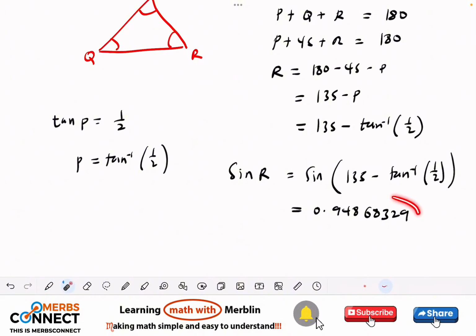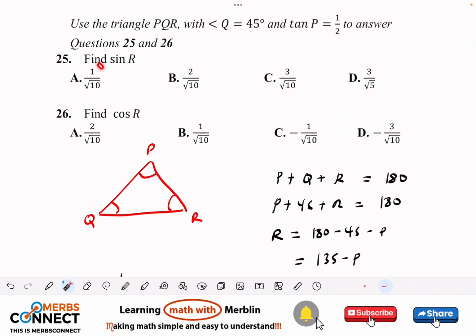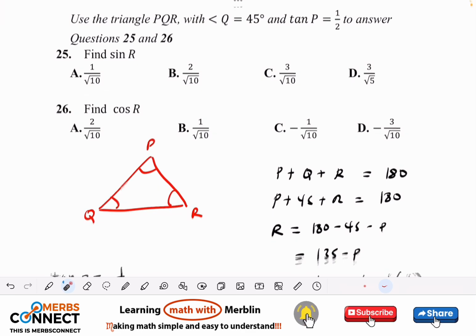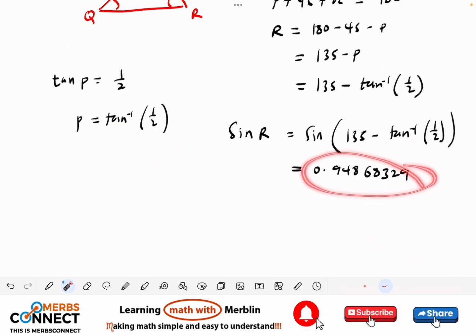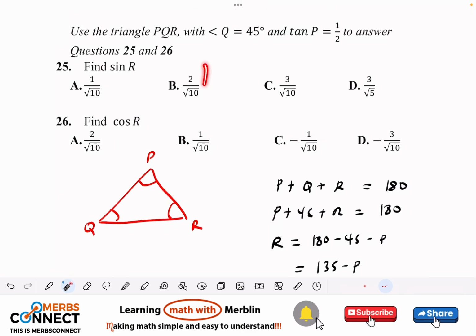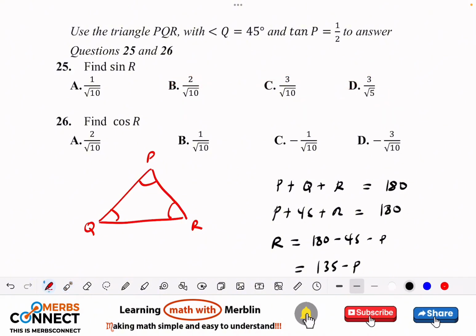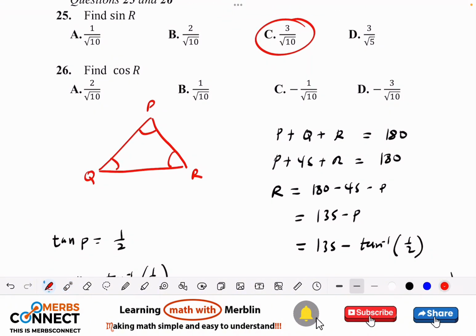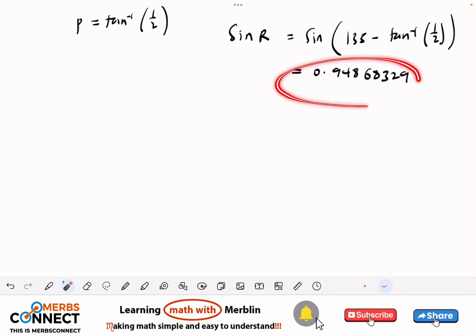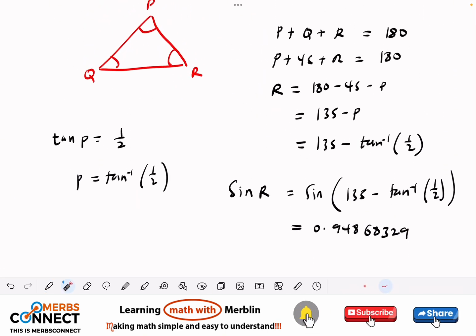Having this, what you need to do is punch this one on the calculator and see if it's going to be like this. You change it to decimals. You check this one, you check this one, and you will see that when you punch this one on the calculator, this is the same as what is right here. So you see the shortcut here.